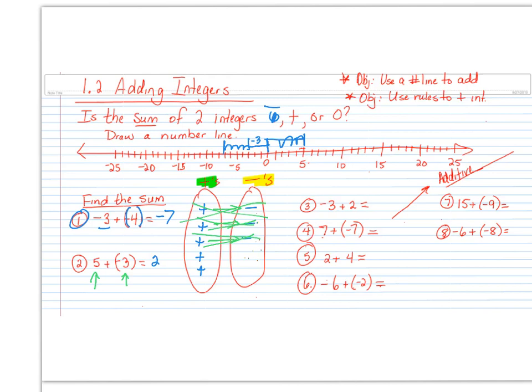Let's look at number 3. It's -3 plus 2. If I look in my circles, I have -3 plus 2. Well, if you look at them, there's 3 of them that are negative. 1, 2, 3, and 2 of them that are positive.